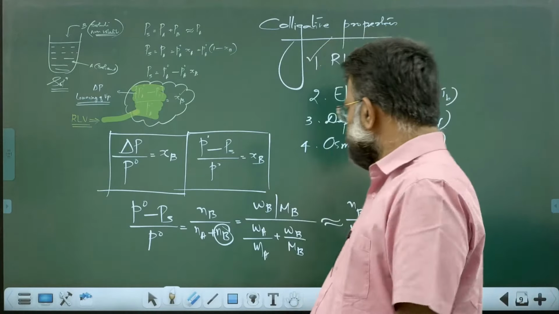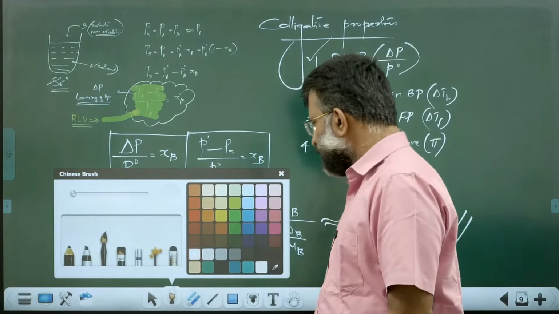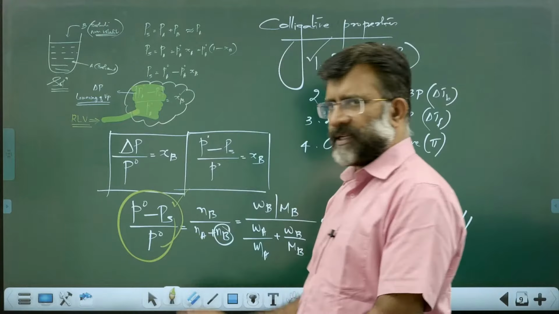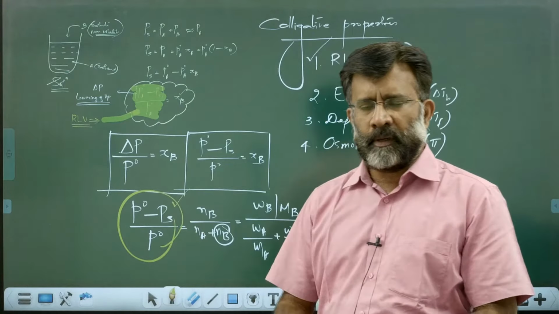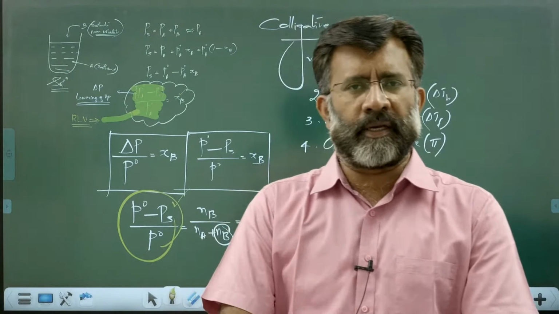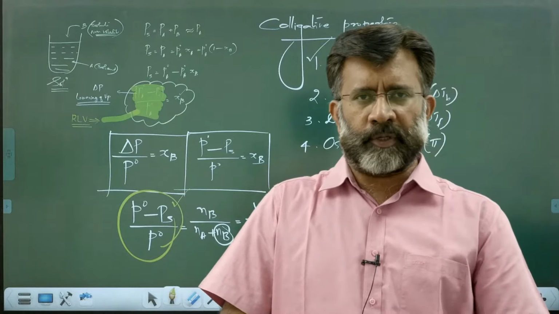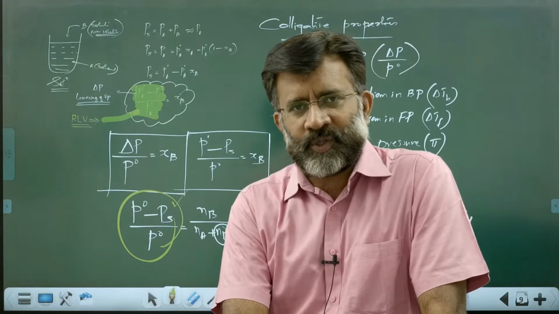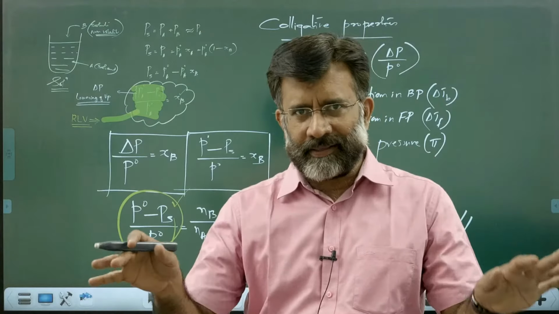Experimentally, there are instruments and experiments available for determining the relative lowering of vapor pressure, such as the Ostwald-Walker method. We are not learning the Ostwald-Walker method in the syllabus content.